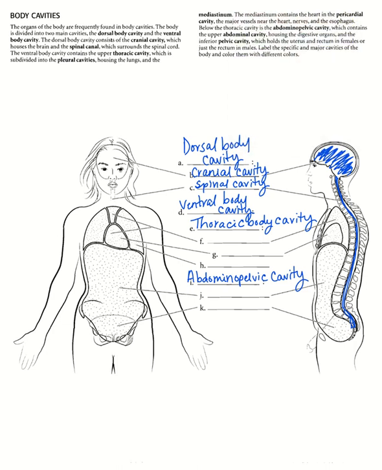The thoracic body cavity is referring to everything above the diaphragm. Okay, so the diaphragm is this muscle here that controls breathing. And it consists of a few other cavities.